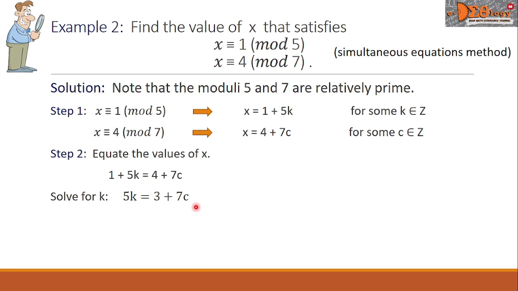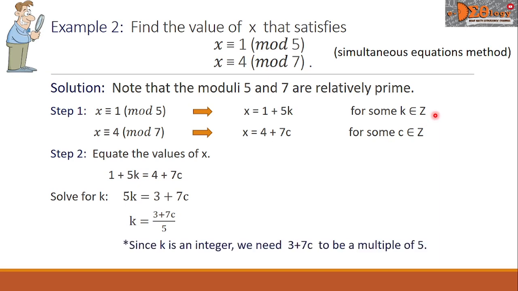Then we divide this equation by the coefficient of k, which is 5. So the value of k equals 3 plus 7c all over 5. From the beginning, we put that k must be an integer. So we write here, since k is an integer, we need the numerator, this 3 plus 7c, to be a multiple of 5.